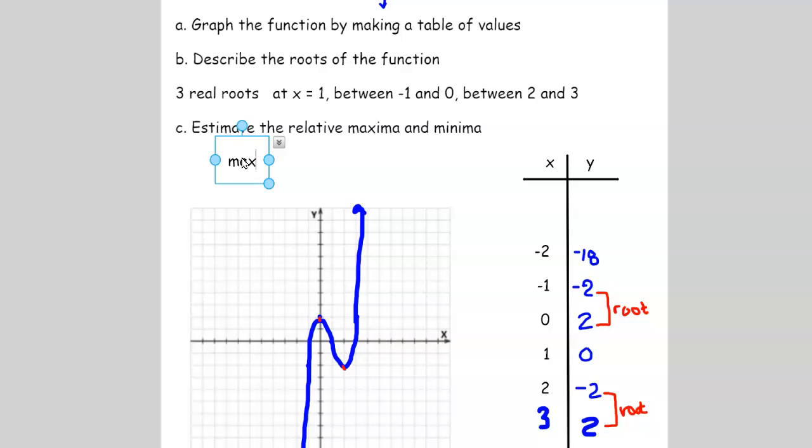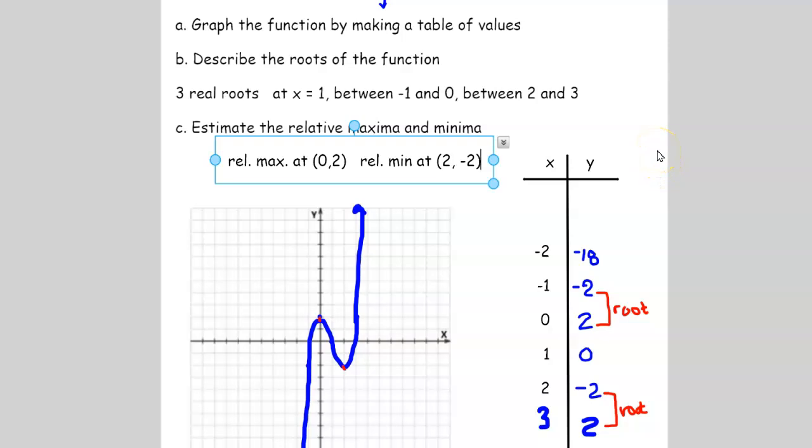So we're going to say that the max is, well, I should be precise, the relative max is at 0, +2. And our relative minimum is at 2, -2. So looking for those ordered pairs where we did have our turns.